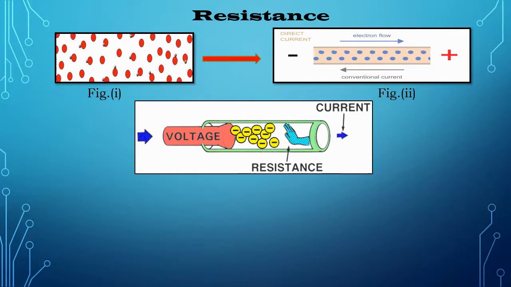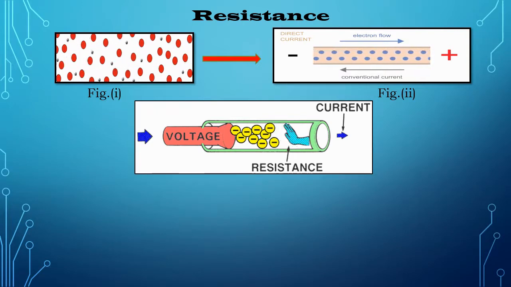Moving electrons strike the atoms and ions which lie along their path. Such collisions cause hindrance to the flow of electrons and oppose the current. This hindrance is called the resistance of the conductor. Let us know some more about resistance.